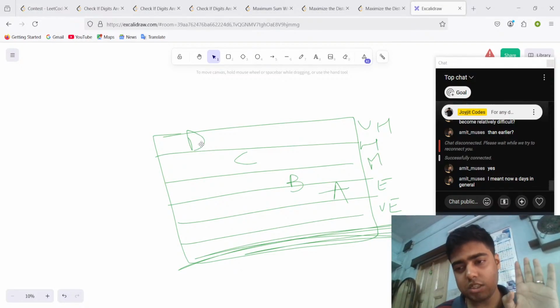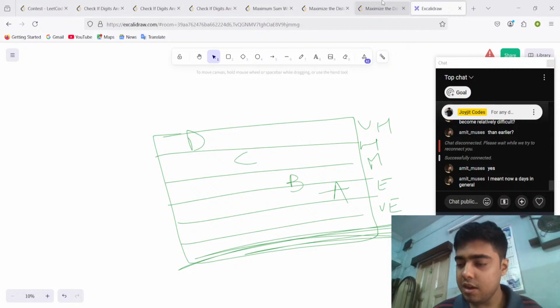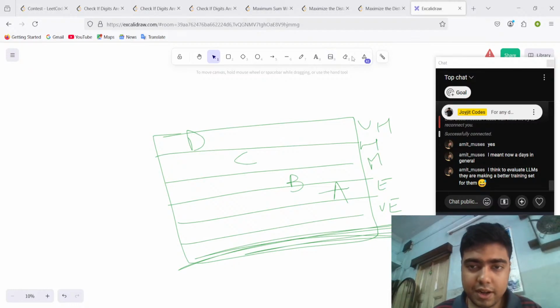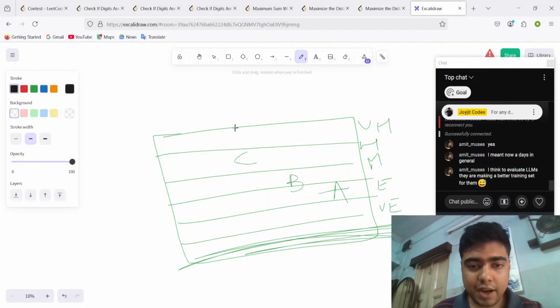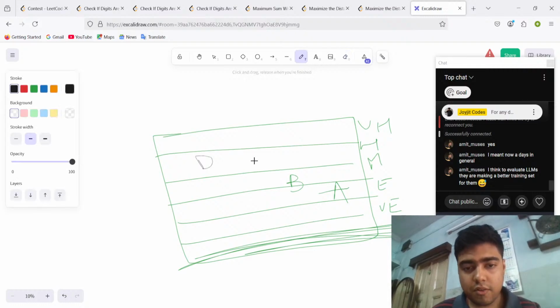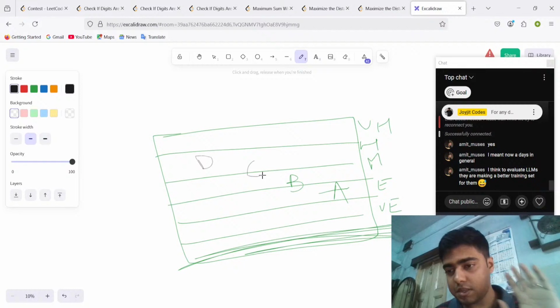The binary search may seem very easy, but to come up with that in such a less amount of time, we can give it a hard tag. And we can make this C somewhere over here, between medium and hard. That is the best thing.